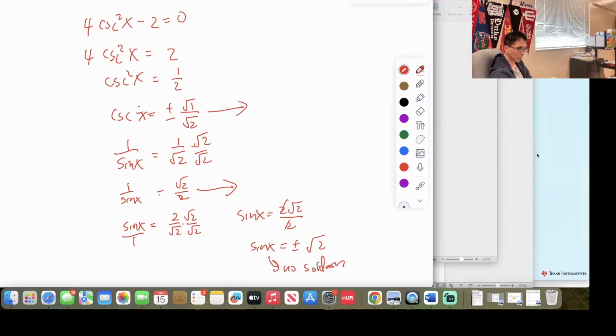Instead of dividing by 4, can you just square root? I don't see why not, but I usually prefer not to do that. There's a reason I prefer not to, but I don't remember what the reason is in this particular case.